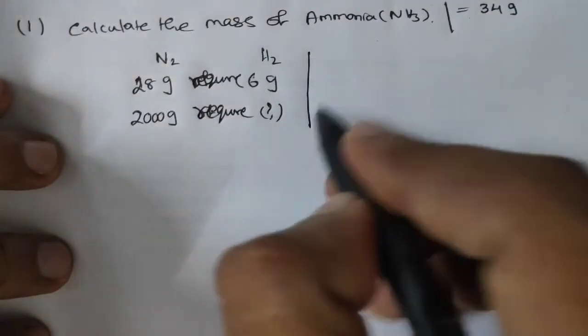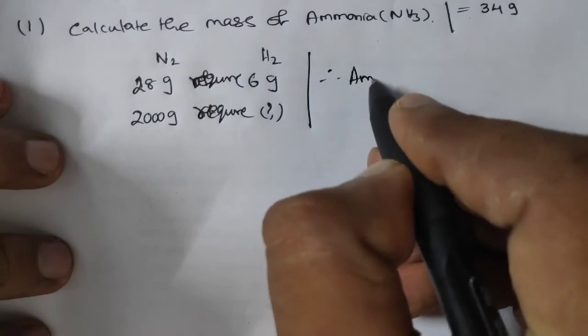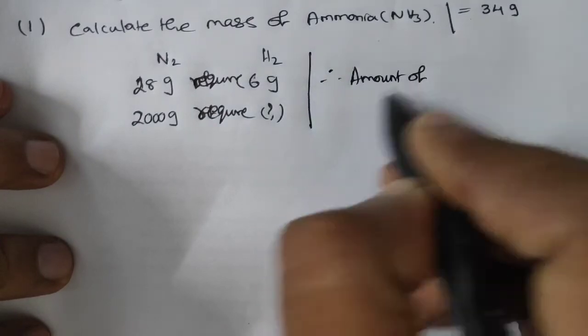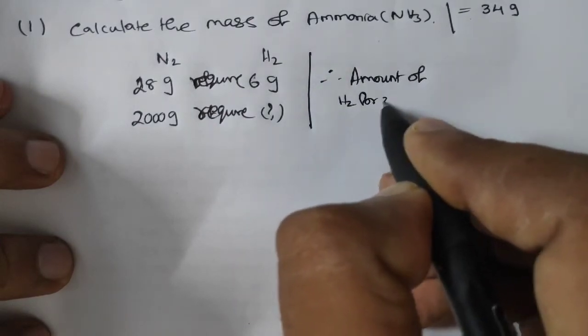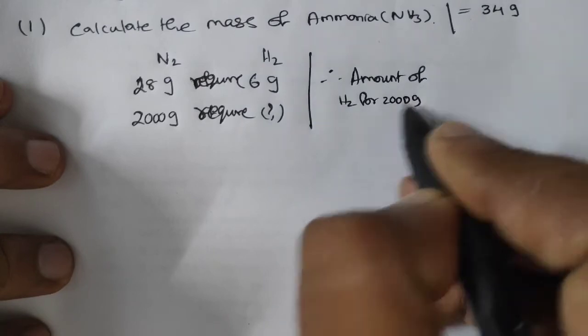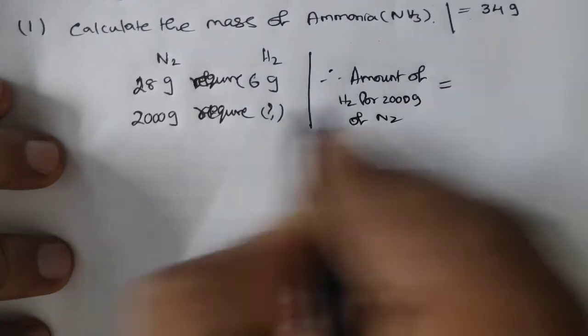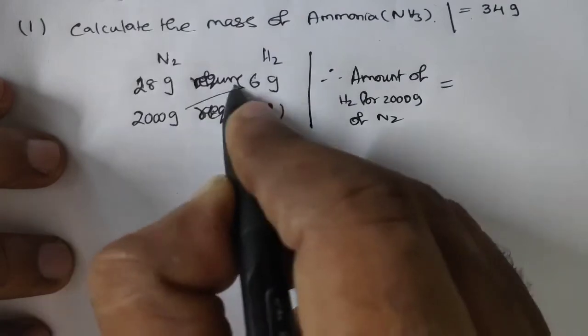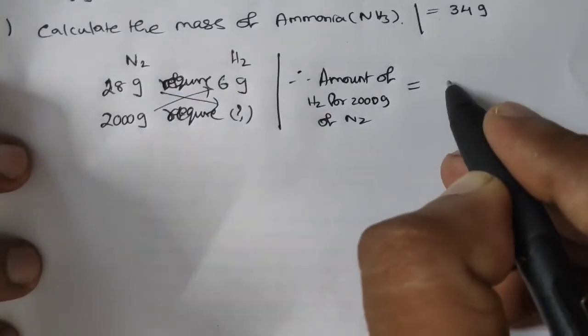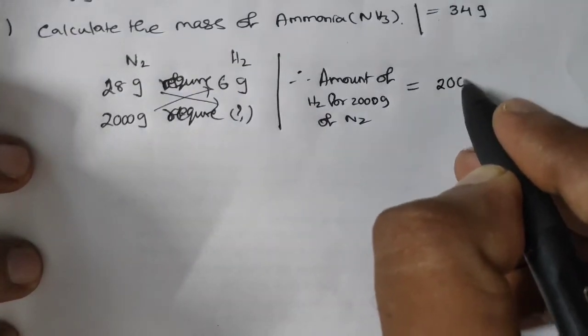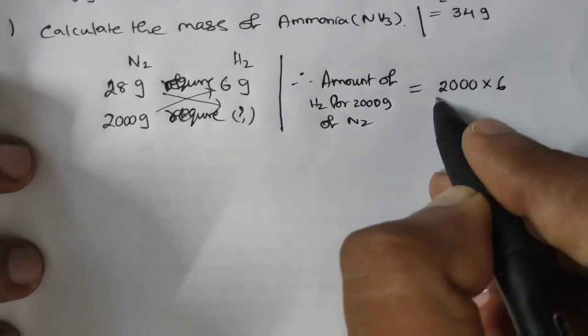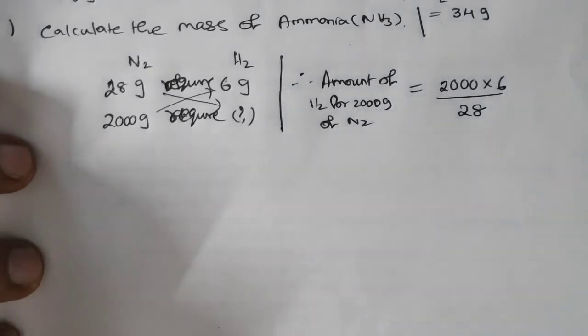Therefore the amount of H2 for 2000 grams of N2 is equal to, by simple cross multiplication, 2000 into 6 divided by 28.